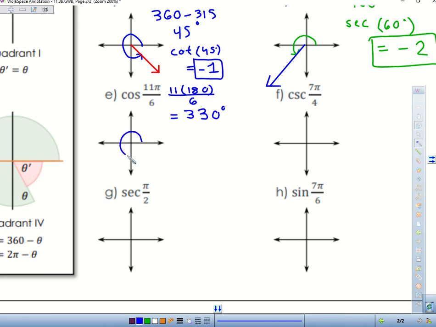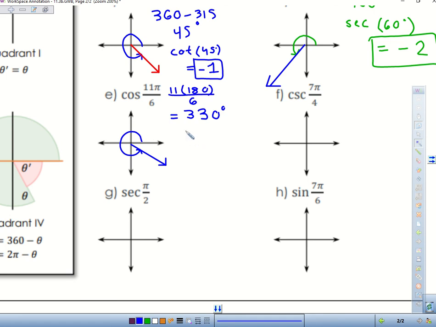So what quadrant does that land me in? 330 lands me in the fourth quadrant.